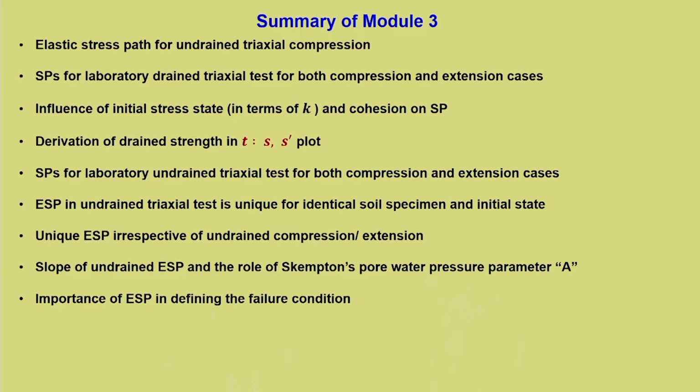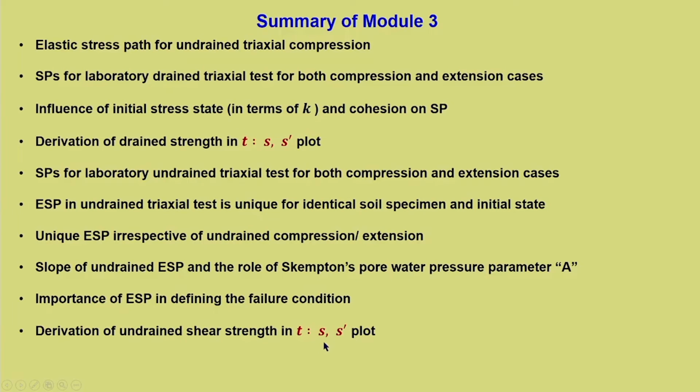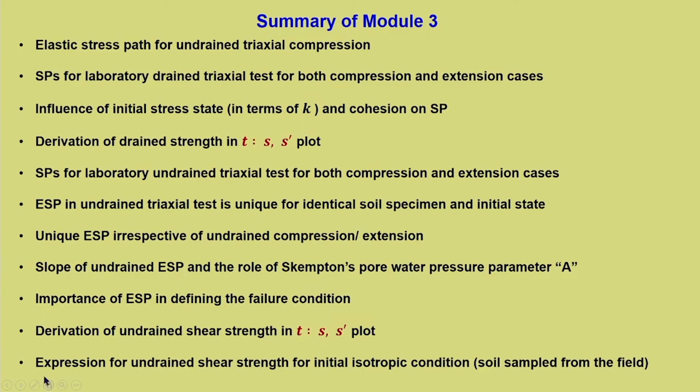So, we have to keep in mind, it is not the total stress path, it is the effective stress path for the undrained case that determines failure. So, where the effective stress path touches the failure line, that is our point of failure. Derivation of undrained shear strength in t, s dash plot.